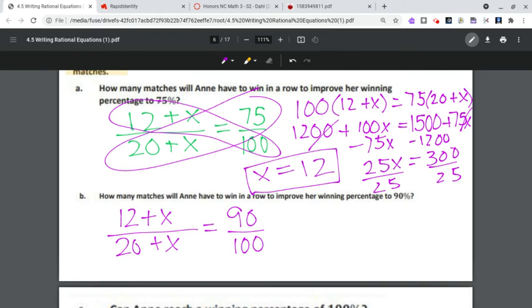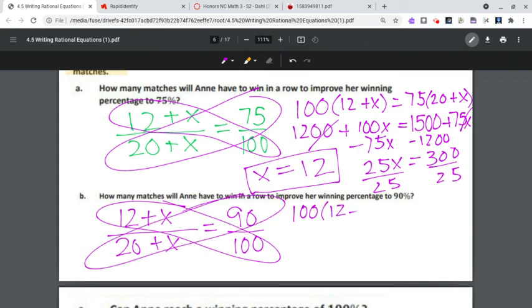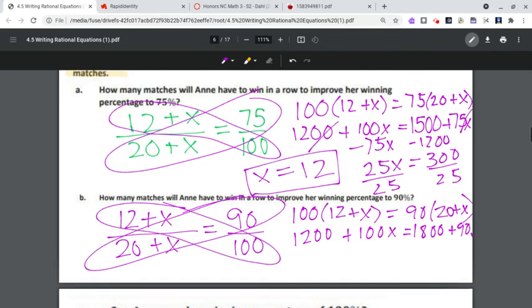Okay, cross multiply because you've created a proportion. 100 times (12 plus X) equals 90 times (20 plus X). 1,200 plus 100X equals 1,800 plus 90X.